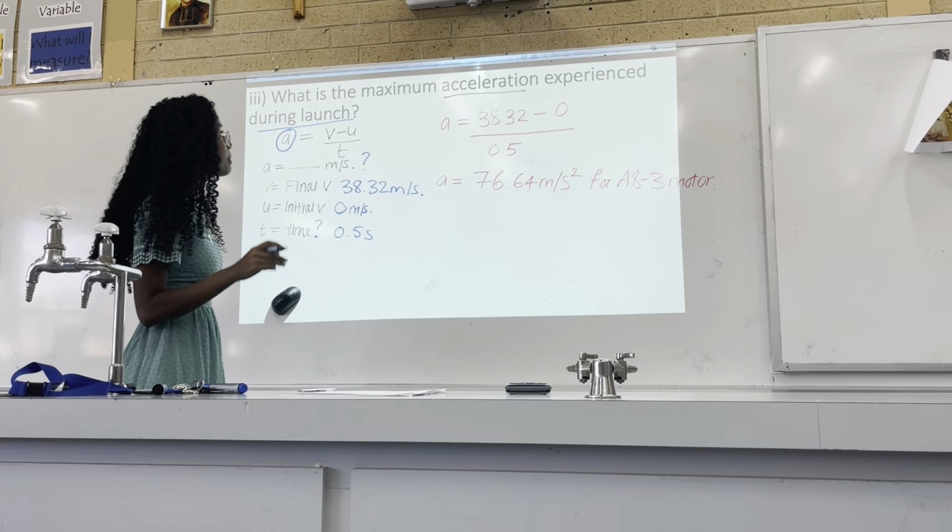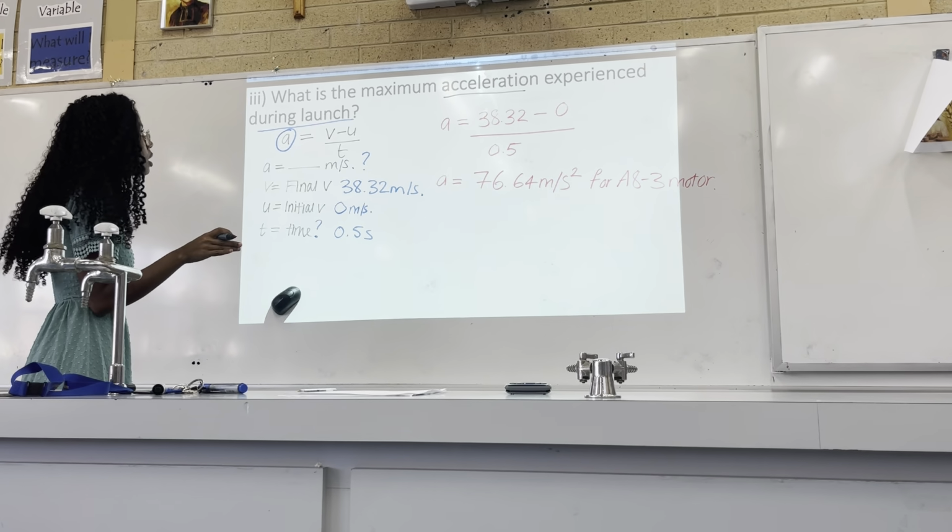Right? So that is the maximum amount of acceleration during launch.